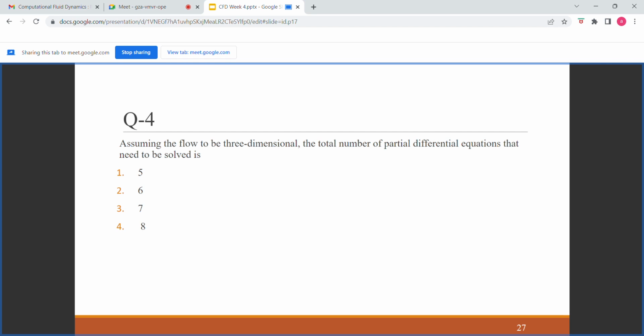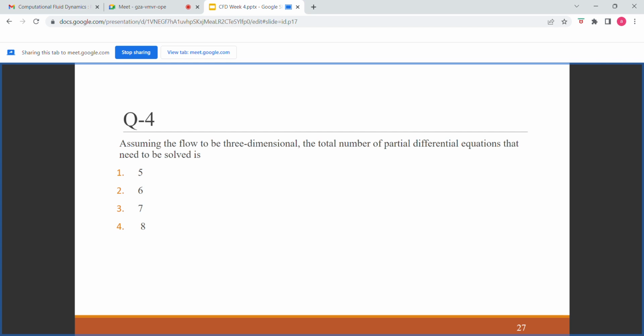The first would be the continuity equation, and we would need the mixture momentum equation, where it would be 3, because it is three-dimensional. We would have all velocity fields u, v, and w. So it would be 3 momentum conservation equations, and again one energy conservation equation.